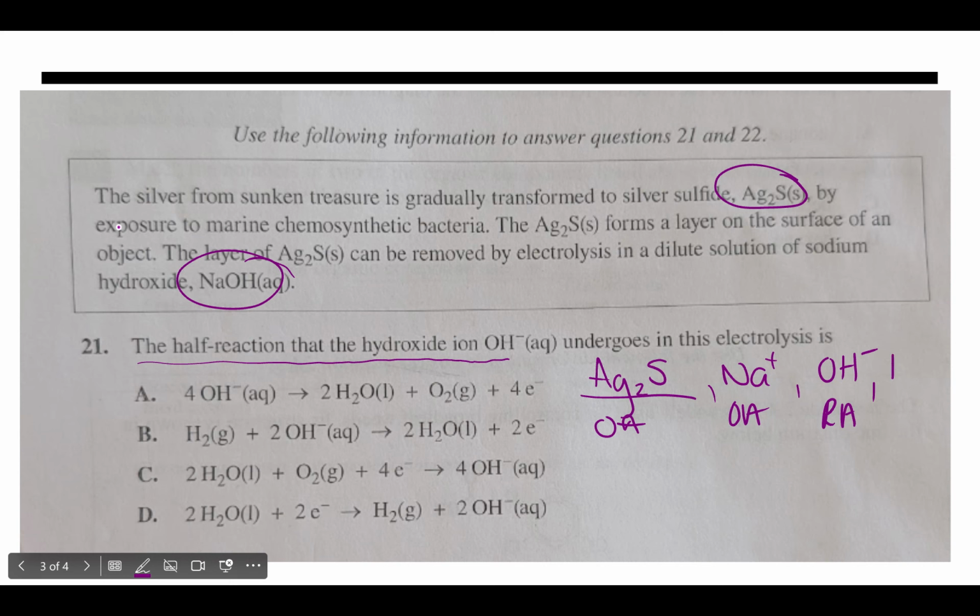And then lastly, you have water, which is both an OA and an RA. So now looking at this part, being that OH negative is an RA, RAs undergo oxidation. So we would have to flip this half reaction, and the one that shows that is A.